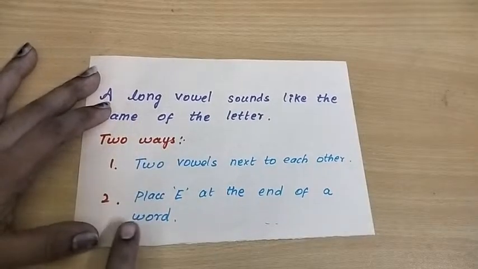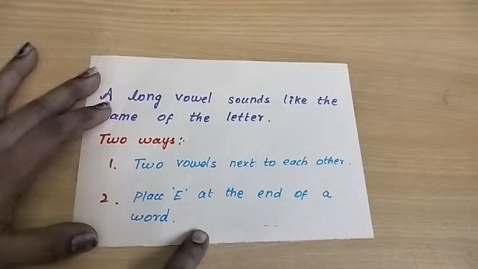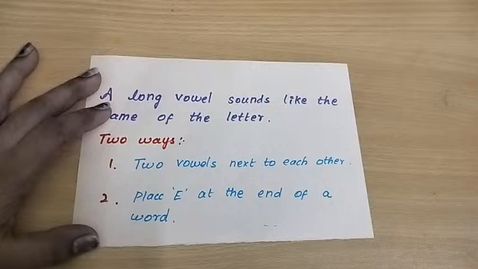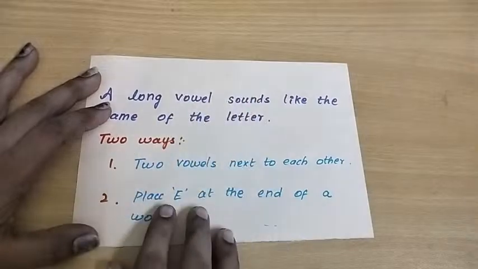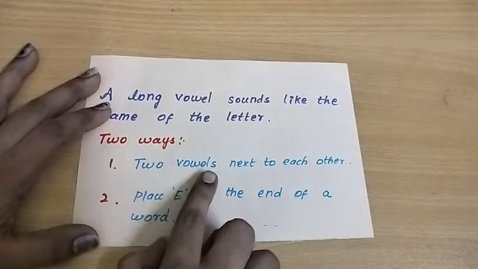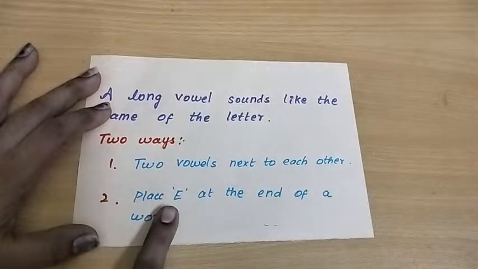The second one is placing E at the end of a word. If E is placed at the end of a word, then that is also a long vowel sound word. So the two ways are: one, two vowels next to each other, and two, E at the end of a word.